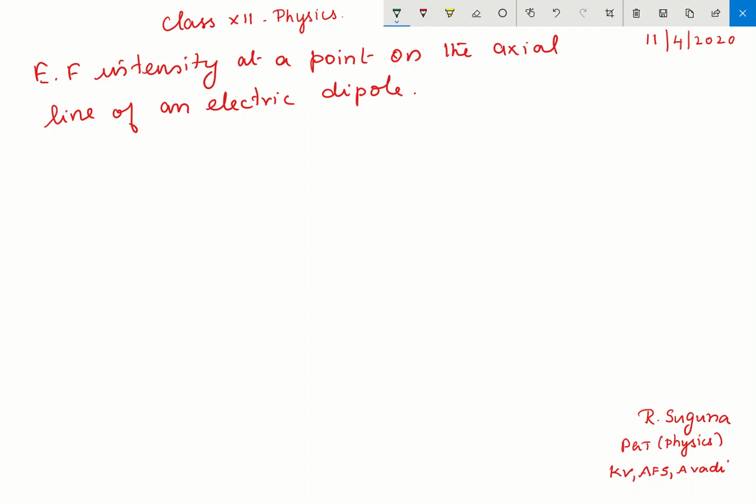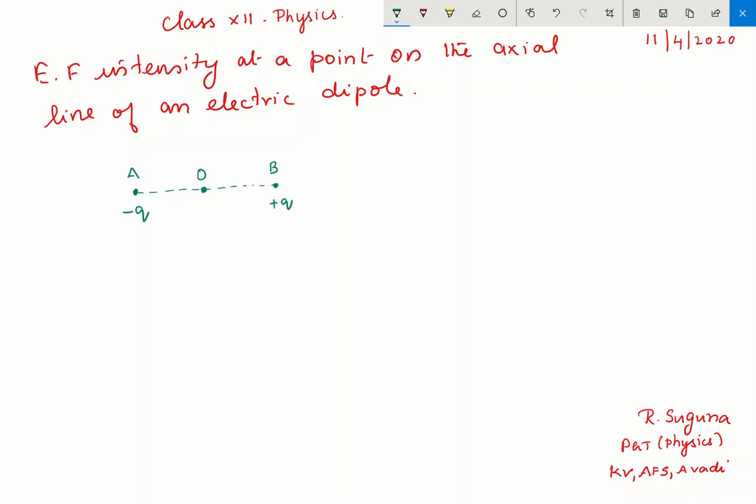See, I have a dipole here. This is minus q and this point is A, and this is plus q and this point is B. This is the line joining the dipole and the center is named O. What is an axial line?